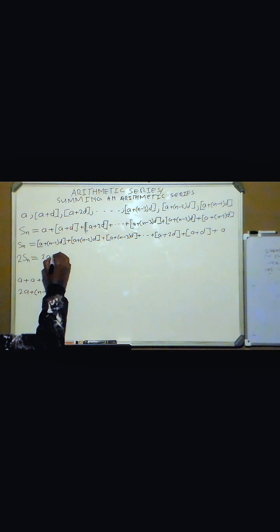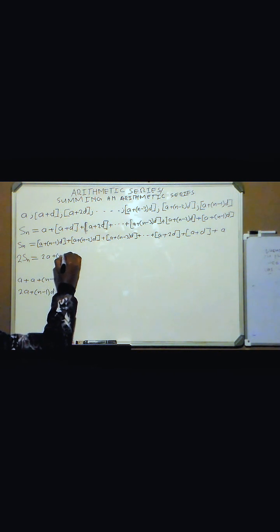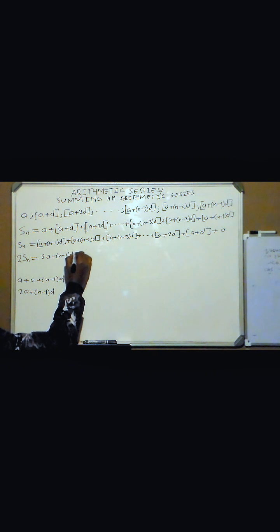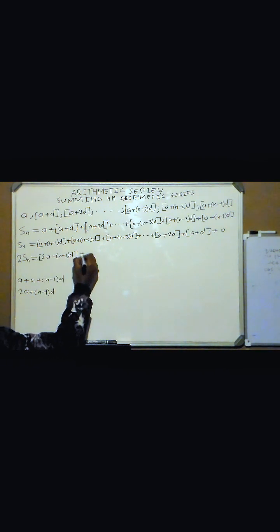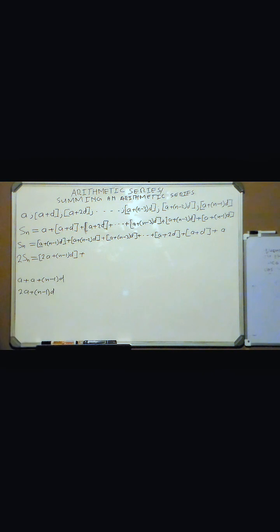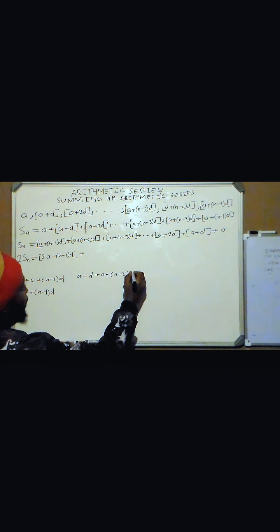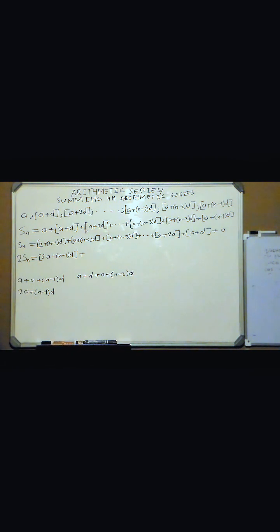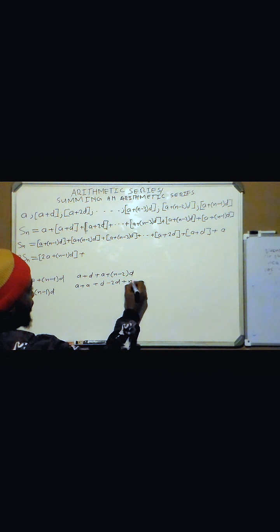So we'll have 2a plus n minus 1 multiplied by d plus, we add what? The second terms of the 2 series. So this is a plus d plus this one, a plus n minus 2 multiplied by d, right? So we can collect the like terms here. So we have a plus d. Then this one I can distribute, so it will be minus 2d plus nd.